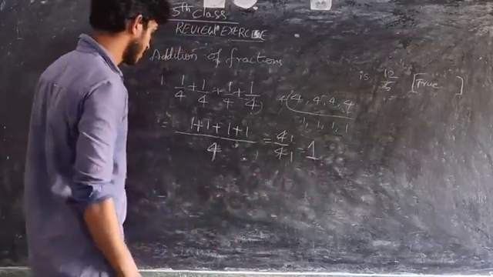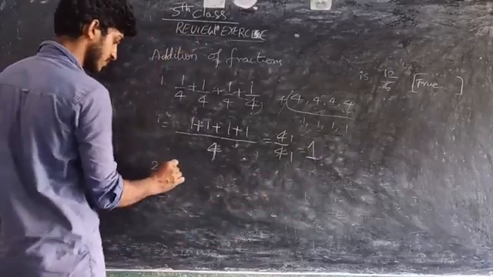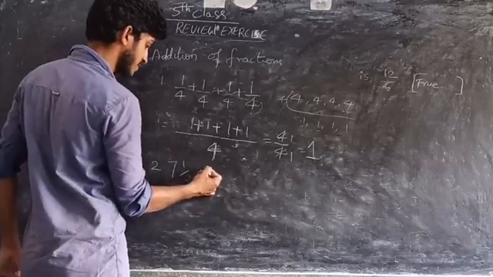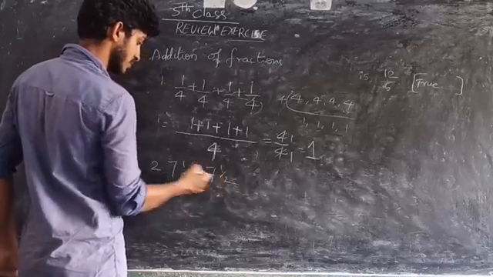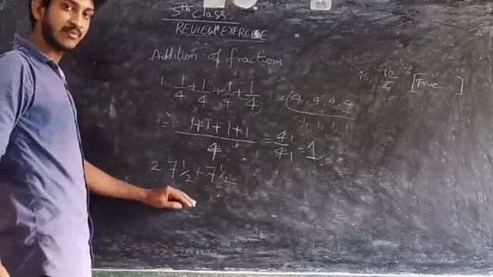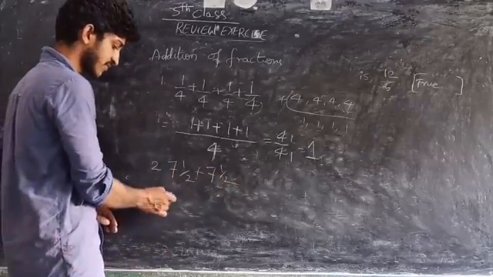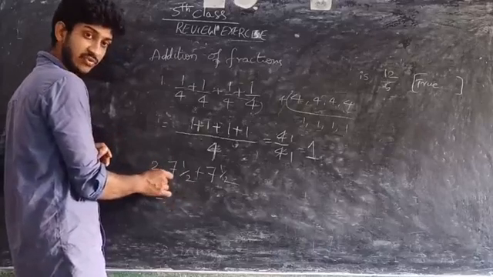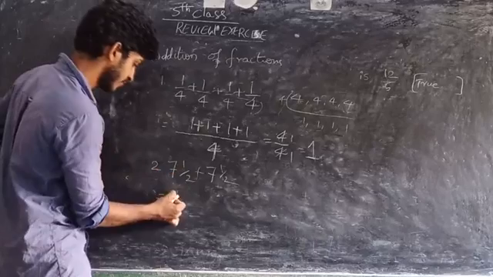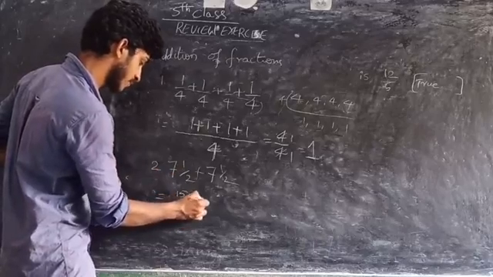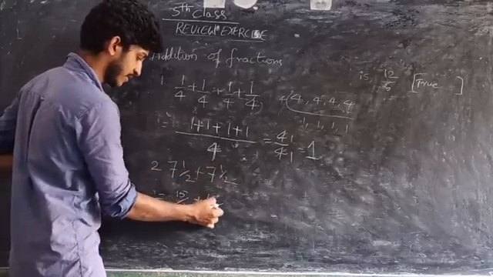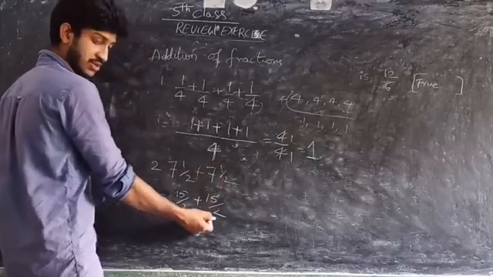Okay children, see the second one. 7 1 by 2 plus 7 1 by 2 is given. In this type of problem, first we have to convert this mixed fraction into an improper fraction. 2 sevens are 14, 14 plus 1 is 15, so 15 by 2 plus 15 by 2. Take the LCM of these two numbers.